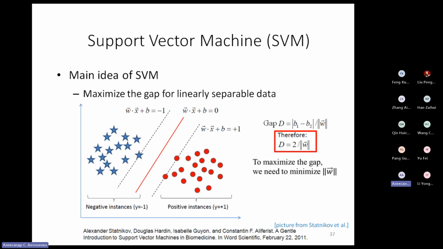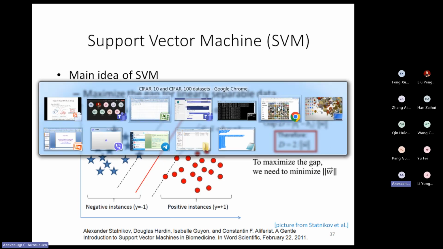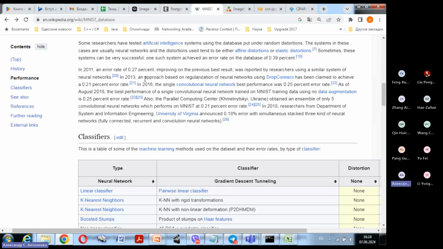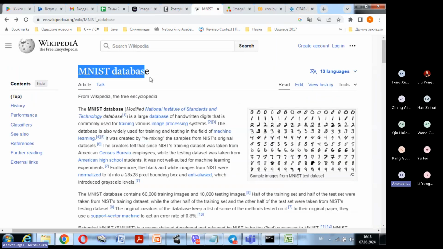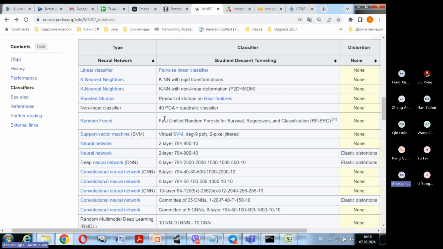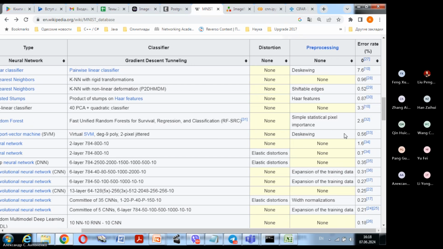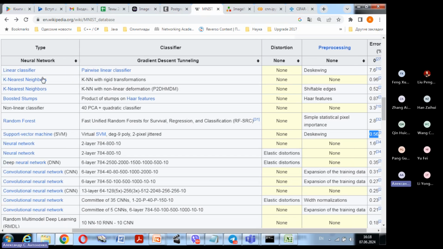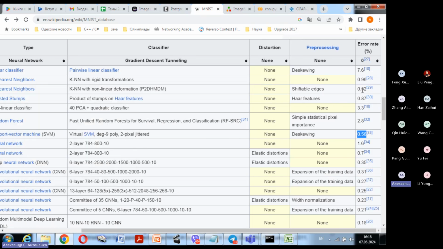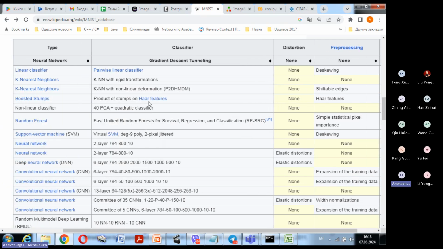But let's look at Wikipedia for this quite easy dataset, MNIST. Traditional methods, what do they have? For example, SVM has quite good, 0.5. K nearest neighbors have similar, 0.5. So these are the two best traditional methods, SVM and K nearest neighbors.